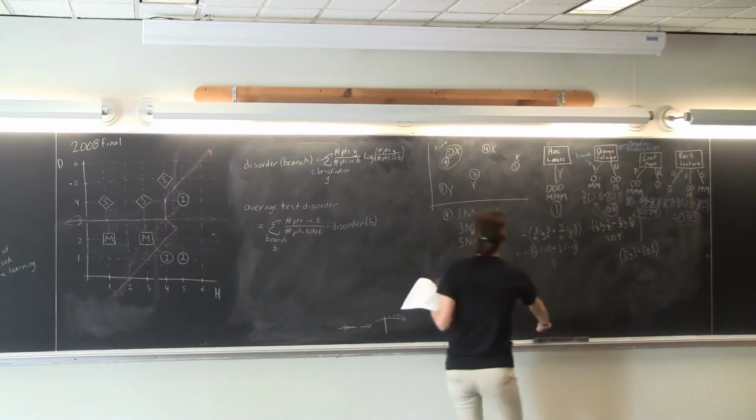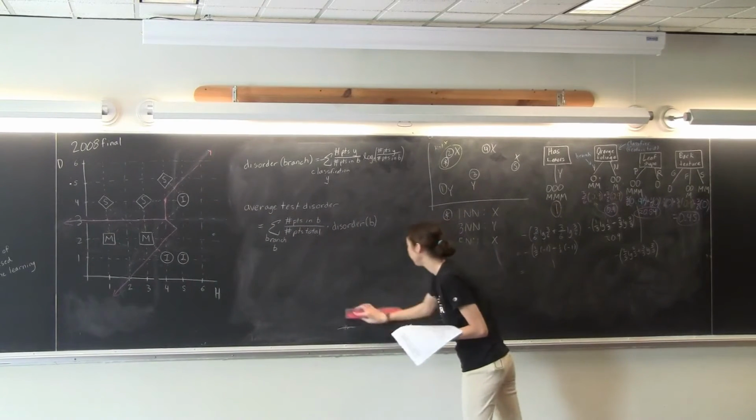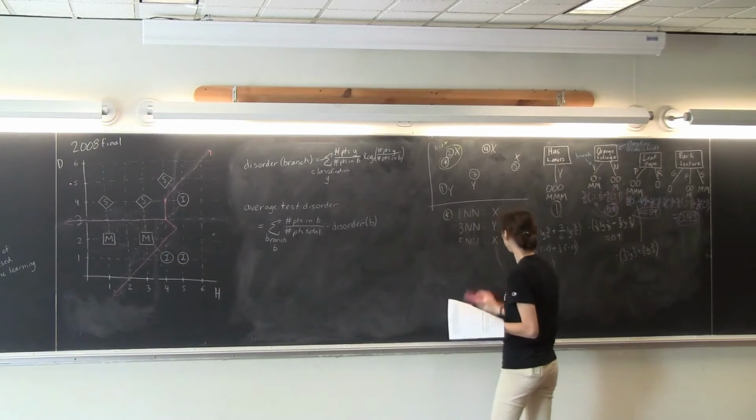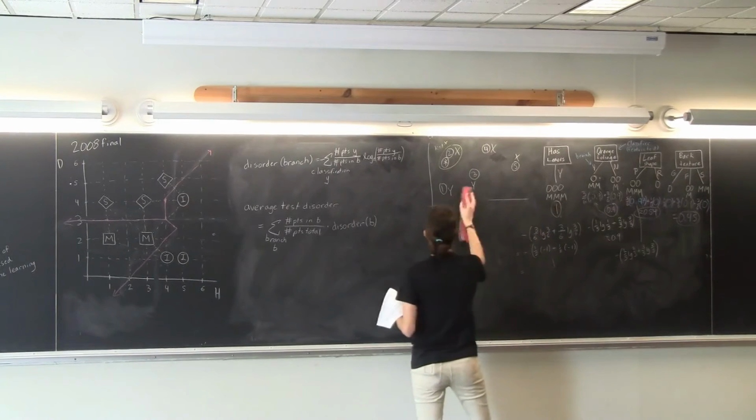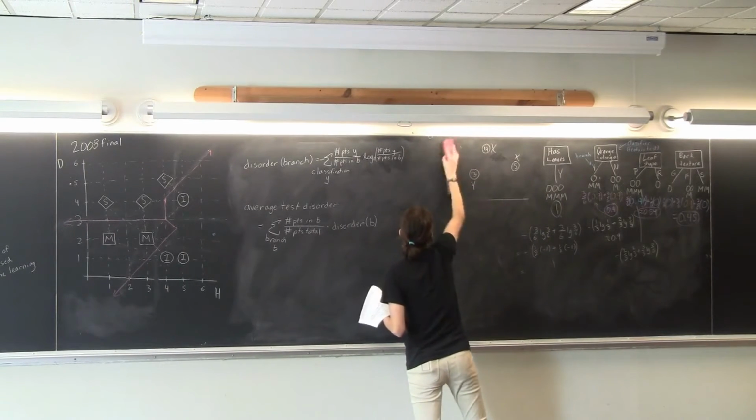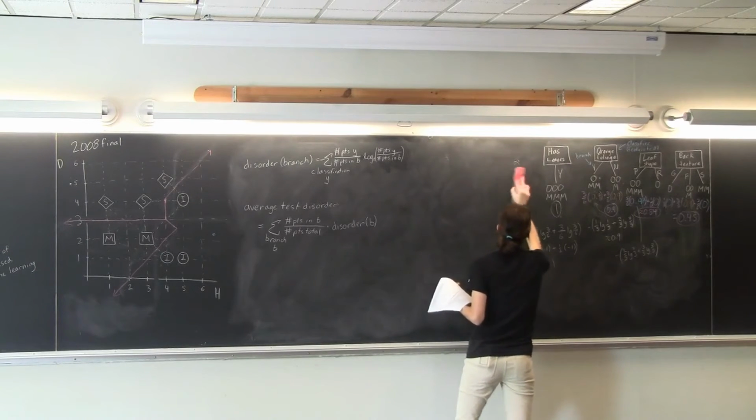So now we can start building a greedy ID tree. This is a greedy algorithm, so that means it's not guaranteed to give you an optimal solution, but it's generally pretty efficient.